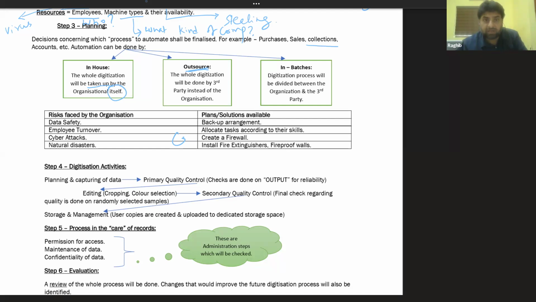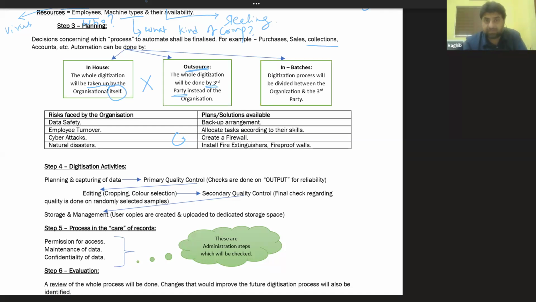So the whole digitization will be done by a third party. This is totally opposite to before. In-house is totally inside the house, outsource is totally outside. So in outsource, an outside person will be doing that.